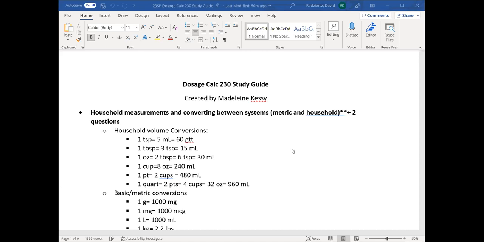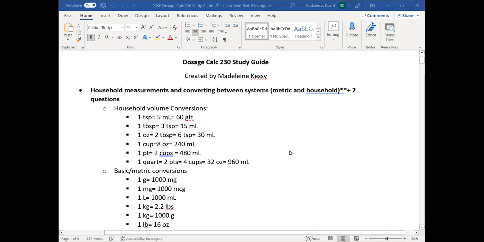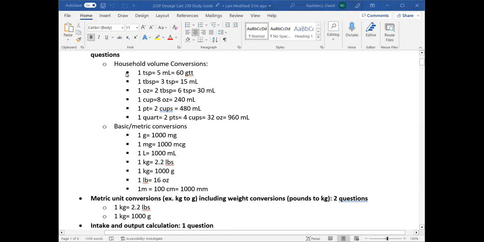So your metric to metric conversions, your household to metric conversions, your oral medications, your suspensions, and then your reconstitution type questions.